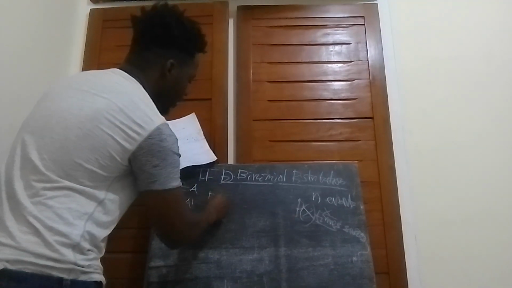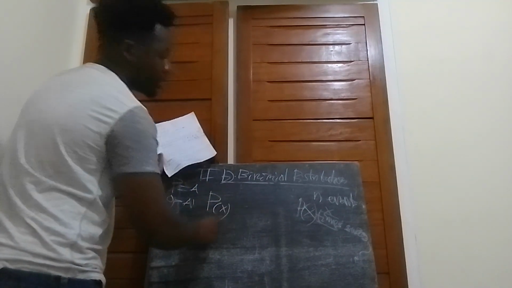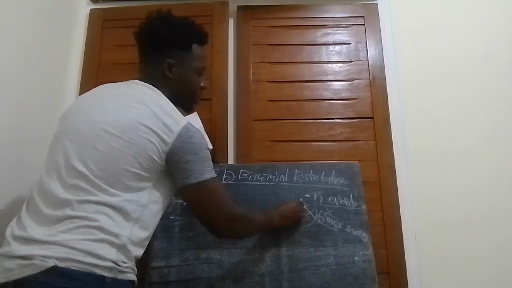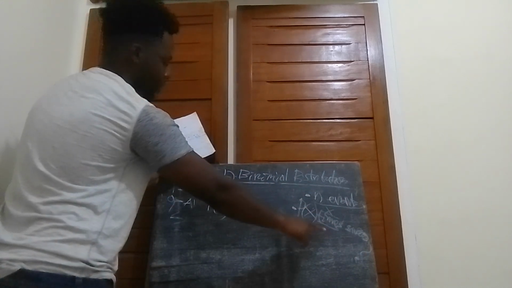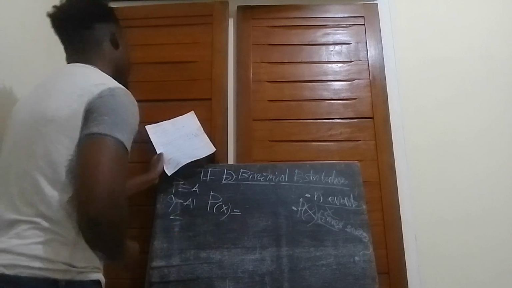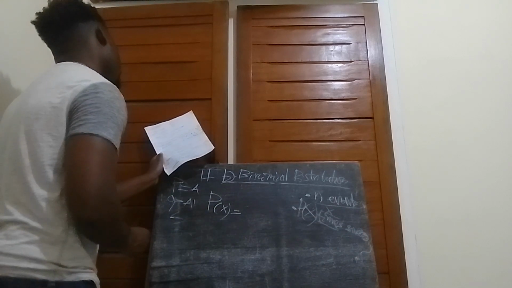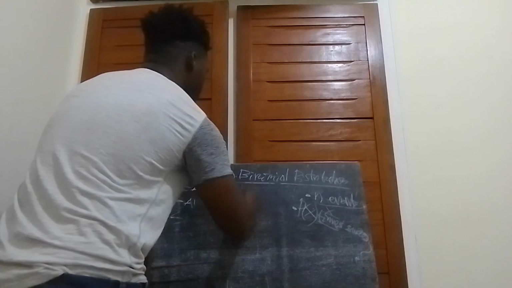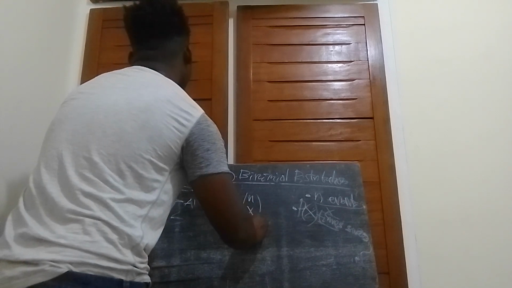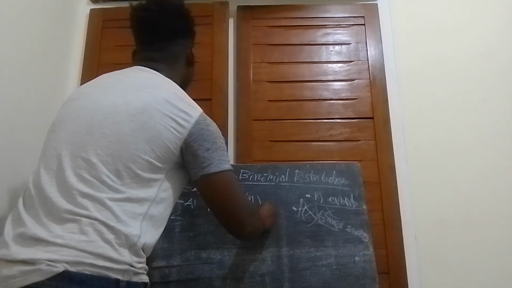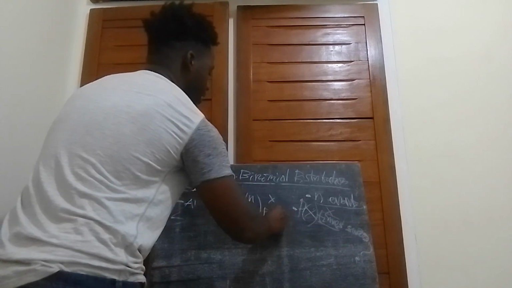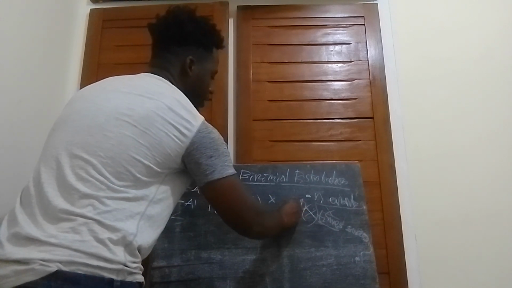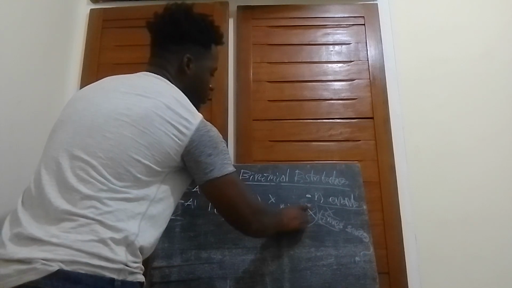And P of x, which is the probability that during n trials there's going to be x times of success, goes like this: n choose x, multiplied by p to the x, multiplied by q to the n minus x. So this is how it goes.